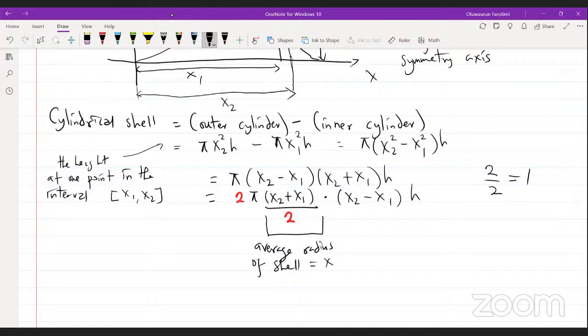On the other hand, this difference is what we call the thickness of the shell, and this is given by delta x. When you measure distance, the end point minus the start point, you have x2 minus x1, that's just a change in x. So if I replace this variable now, I have 2 pi x h delta x.